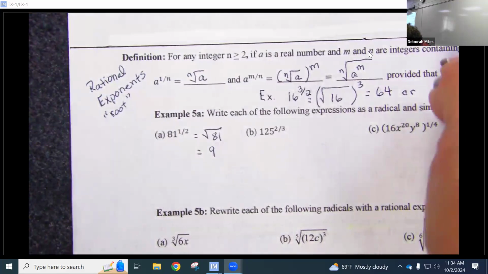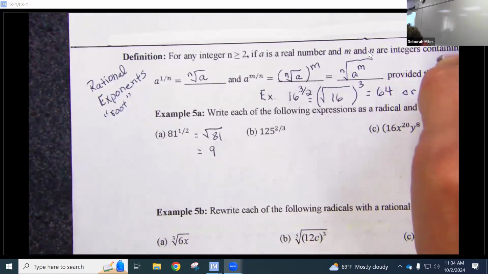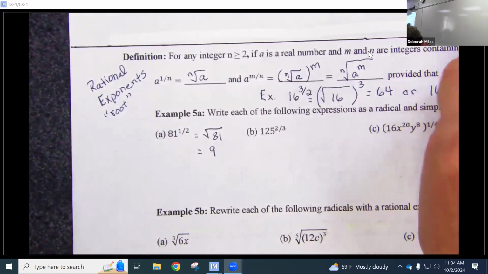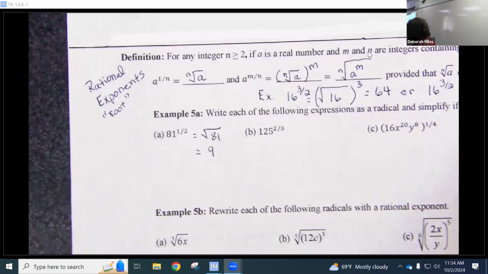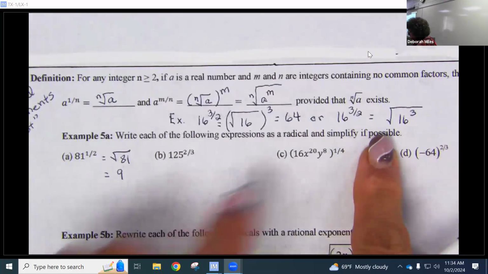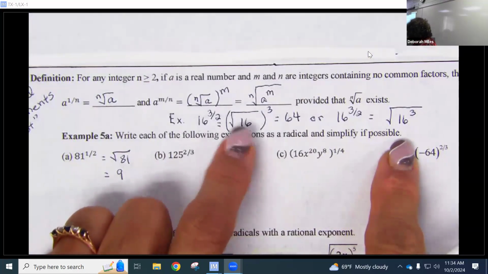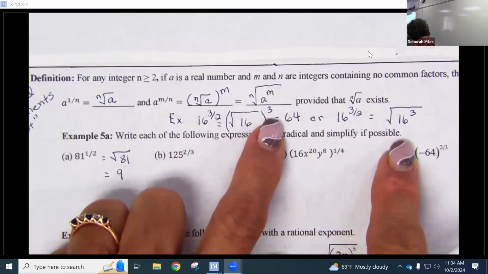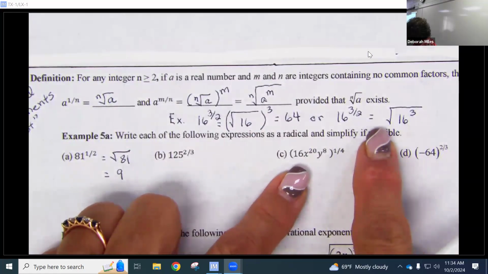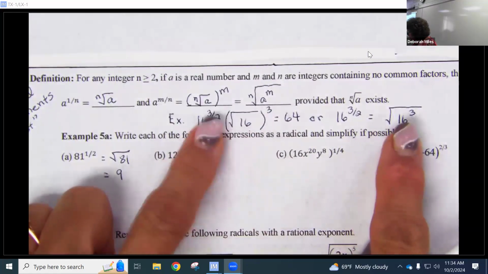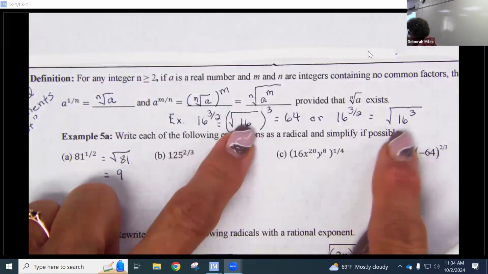Another way I could evaluate that problem is, say, 16 to the 3 halves would be cube the 16 and then take the square root. The way I first did it, I took the square root and then cubed. I'm saying now you can also cube and then take the square root. But the question is, which one of these things can you do without a calculator?